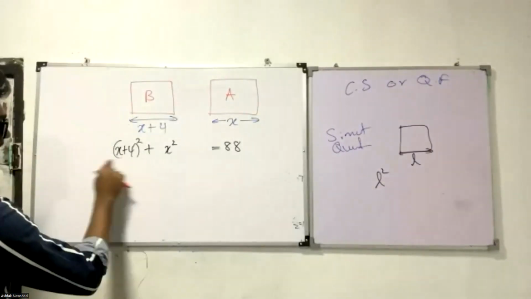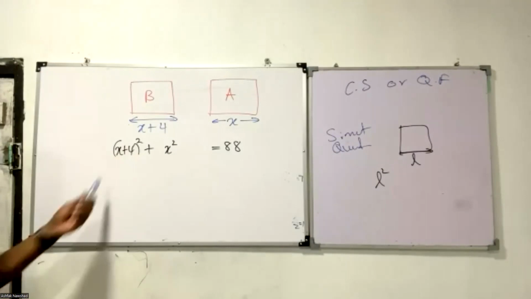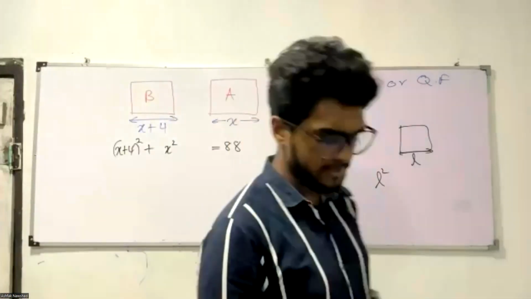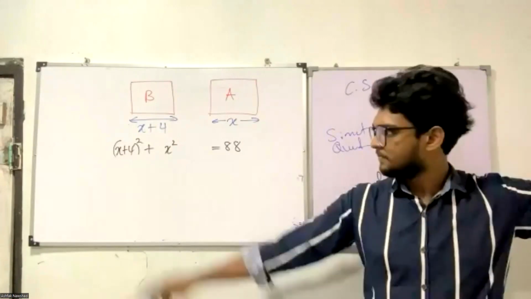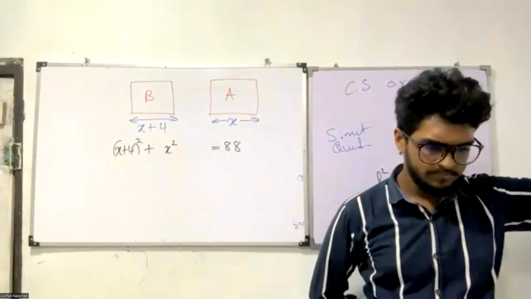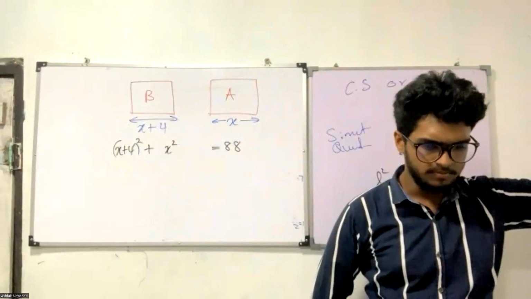What's the expansion for (x plus 4) squared? Somebody let me know the expansion. Binomial expansion, the square of a sum.